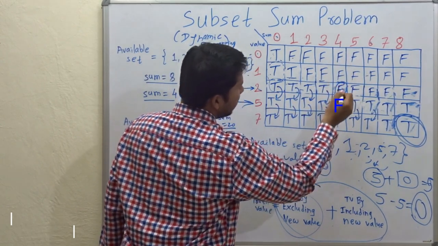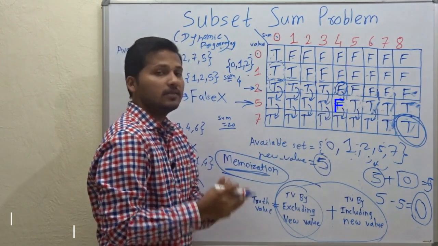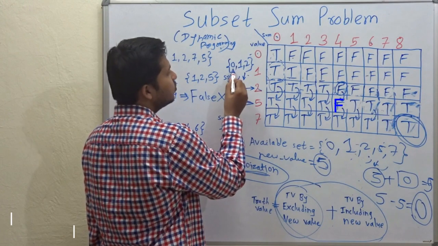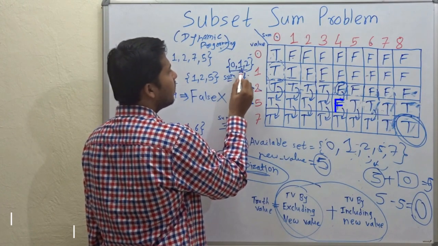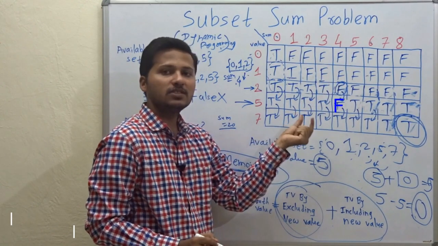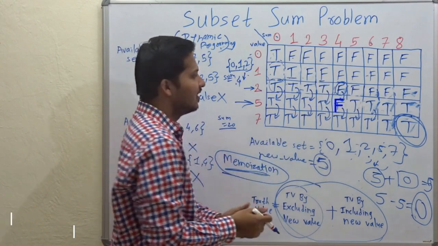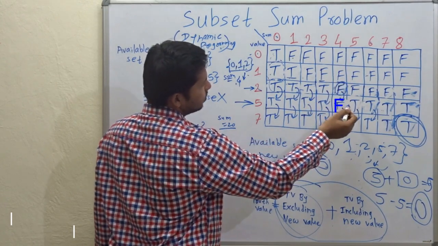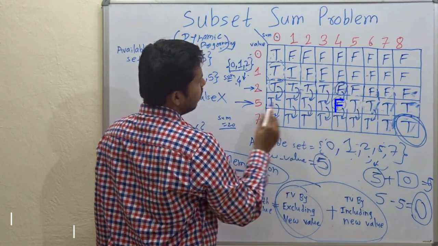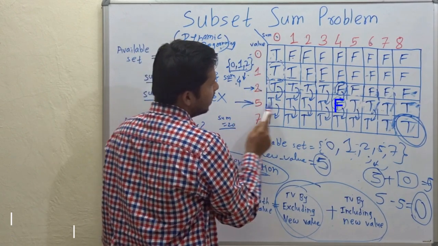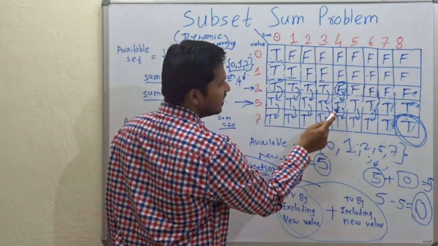If the truth value is false, this means you cannot form 4 by using the values 0, 1, 2. This is true for every cell of this memoization matrix. See what this cell means. Suppose this cell. What does that mean? By using 0, 1, 2 and 5, can you form 4?